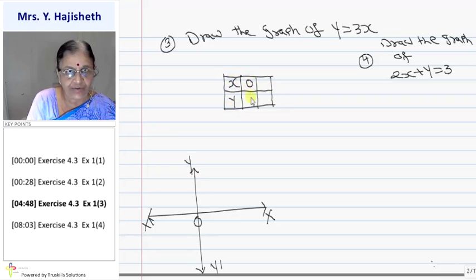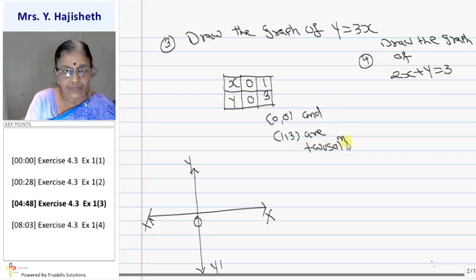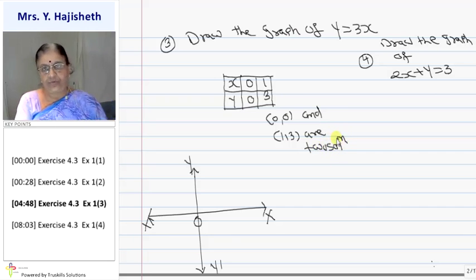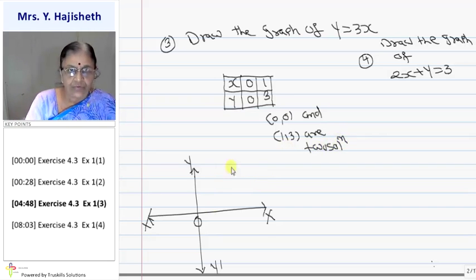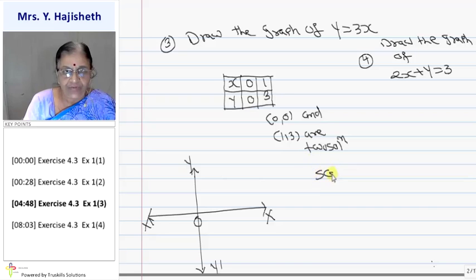When x is 0, y is also 0. When x is 1, y is 3. So what are these 2 solutions? 0, 0 and 1, 3 are 2 solutions. So I can plot these 2 ordered pairs, 2 solutions as 2 points in a plane. So what scale will I take? 1 is 1 centimeter, both on x and y axis.